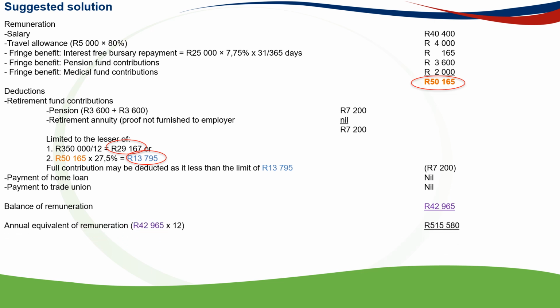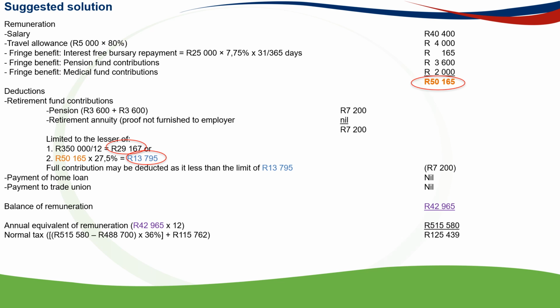So now we have to calculate the annual equivalent of remuneration. So we take that 42,965 and multiply by 12 to get the annual equivalent, which gives us 515,580 Rand. Now I have to calculate the normal tax on that.